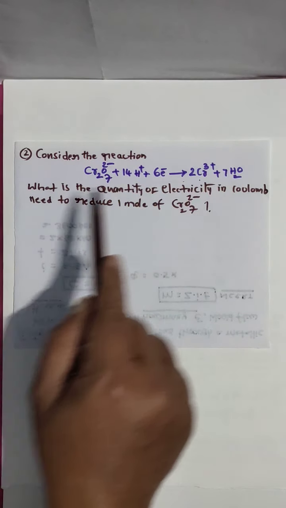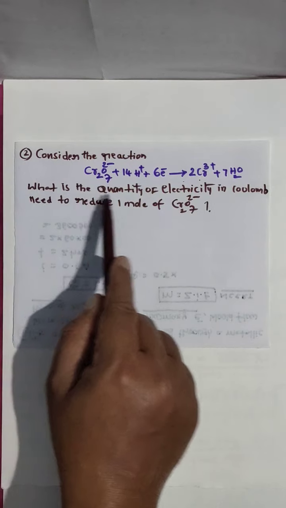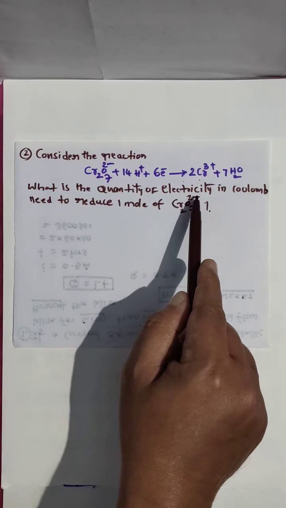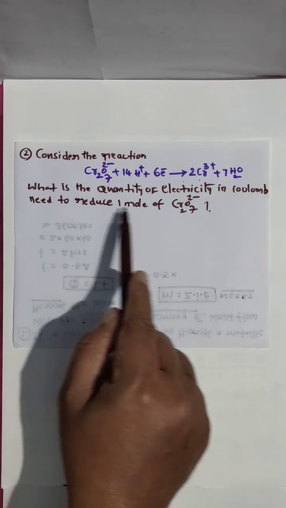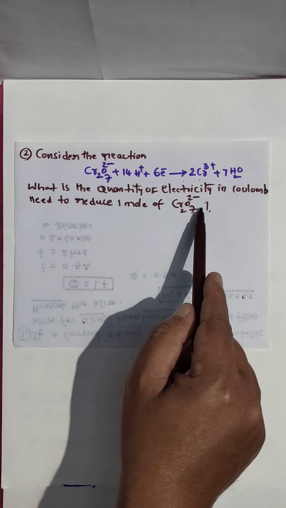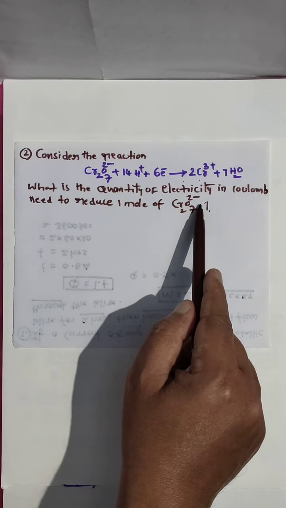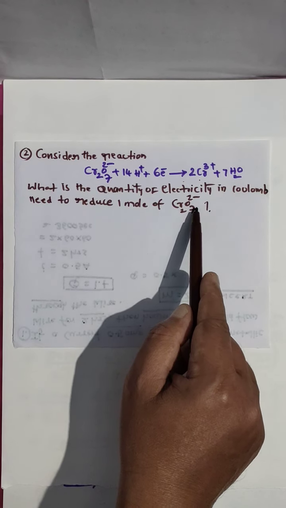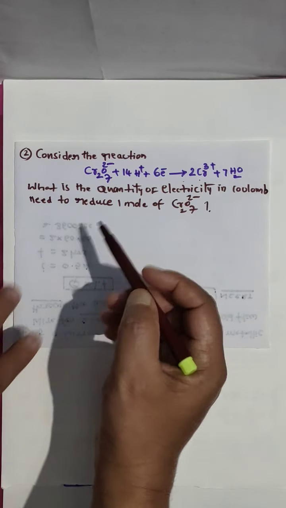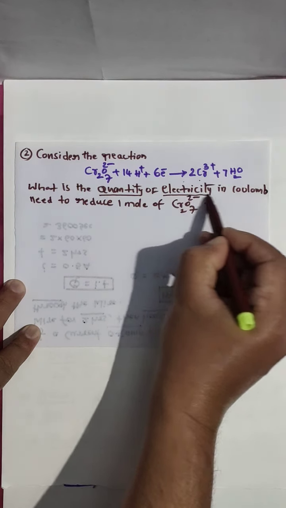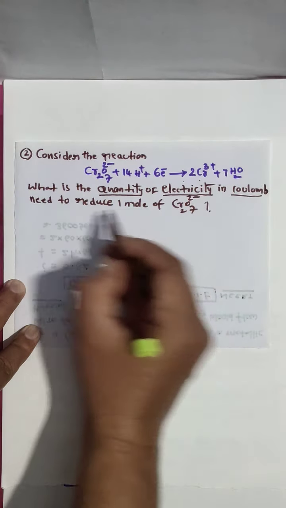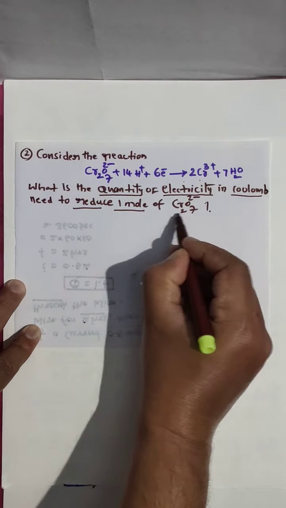And the equation given, they are asking what is the quantity of electricity in coulombs needed to reduce 1 mole of dichromate. Clear? So how much quantity of electricity is required in coulombs to reduce 1 mole of dichromate.